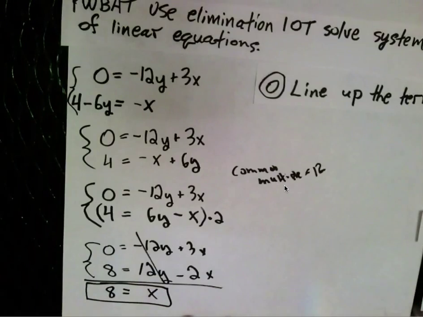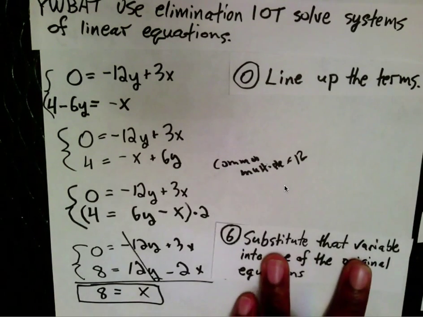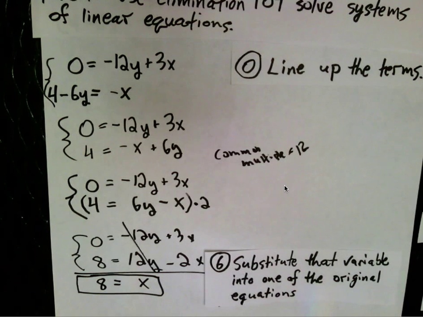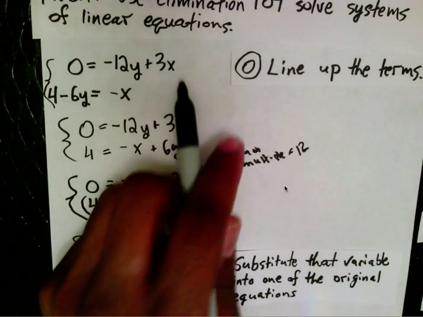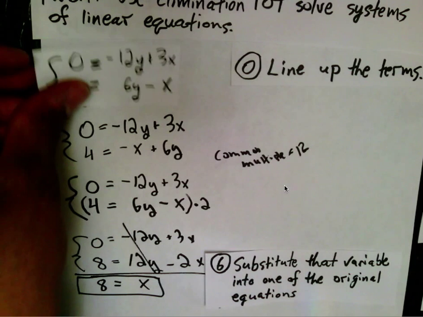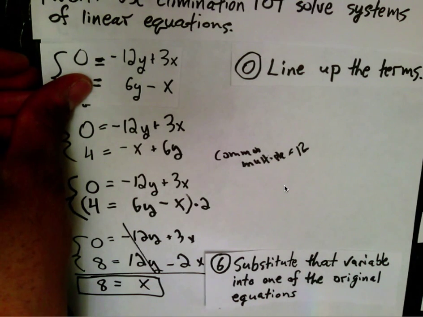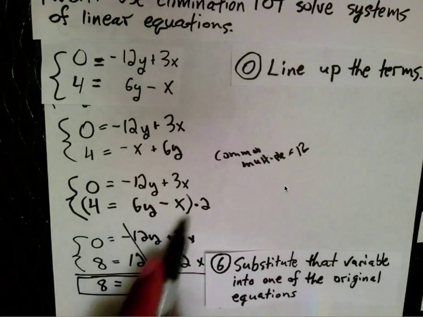Okay. So, what now? Well, we need to substitute that variable. We need to substitute this x into one of the original equations. So, this is our original equation up here. But let's go ahead and substitute that into the lined up version of that equation. Remember how we had to line it up?